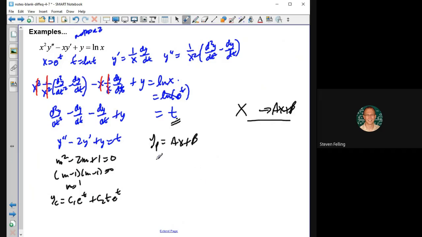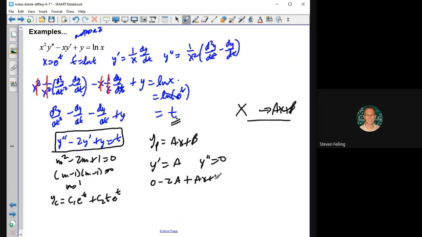Okay, so if that's true, then y prime will be a, and y double prime will be 0, right? And then if I put this into the differential equation, and remember, I'm working with this one now, okay? So I would say y double prime is 0 minus 2 times y prime, which is a, plus y, which is ax plus b, is required to be equal to t.